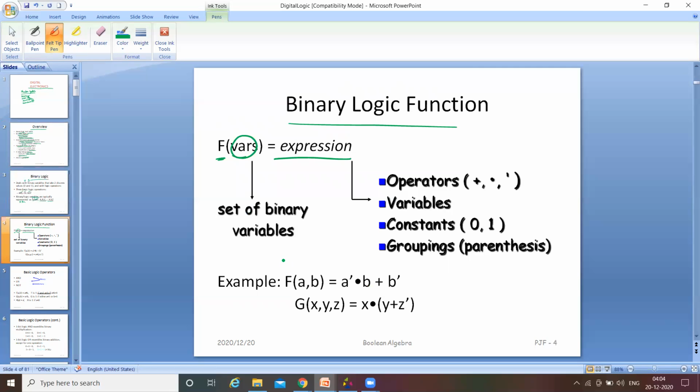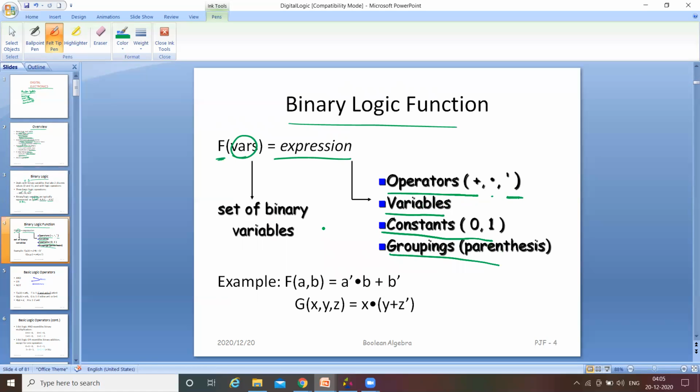And next, with this set of binary variables, F is a binary value and the expression contains logical operators like plus, dot, and this prime. This prime can also be represented as bar, complement, and variables and constants may consist of zeros and ones, and groupings in parentheses.